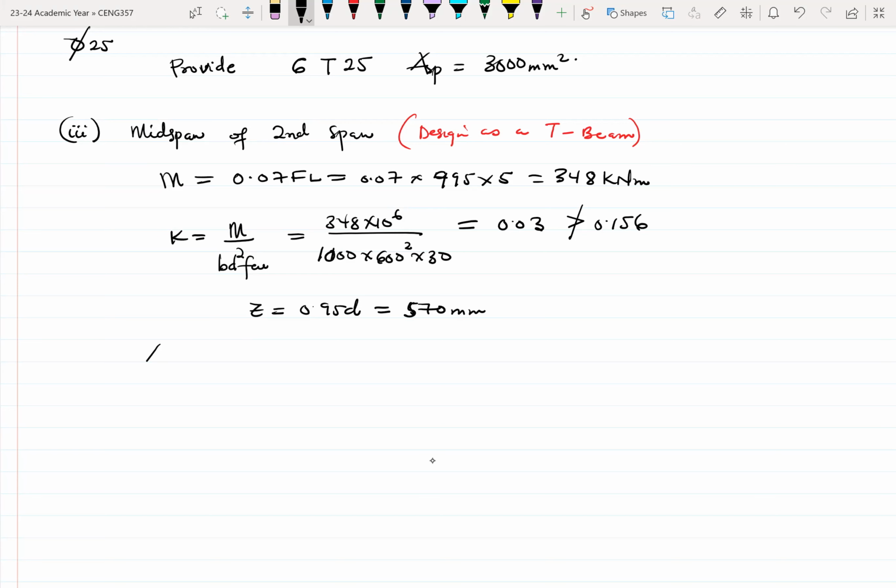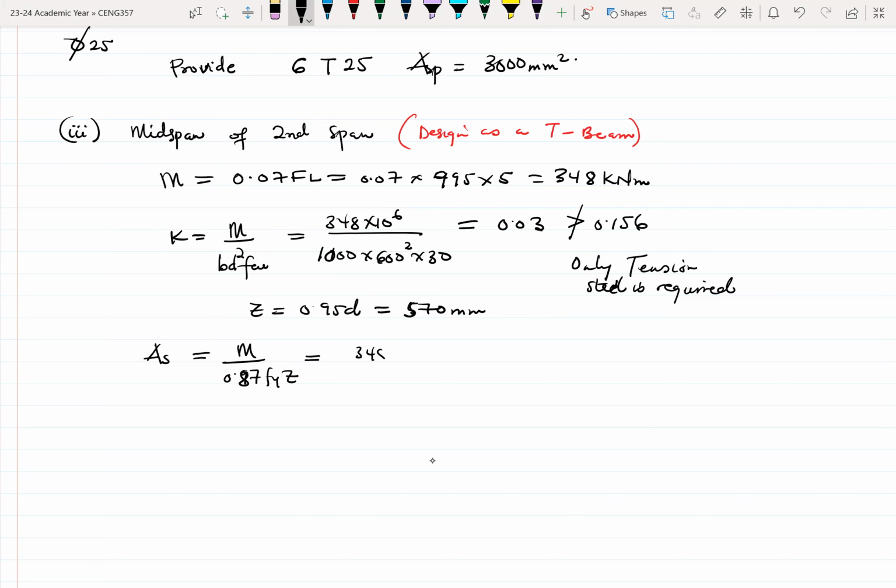So here only tension steel is required. The AS here will be equal to M over 0.87 FYZ.